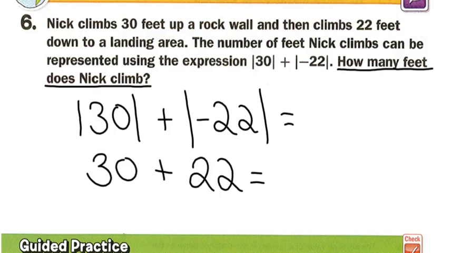So if we want to know how many feet he climbed in total, he climbed 30 feet, then he climbed 22 feet, and that gave us a total of 52 feet. So we can use absolute value to help us determine the total number of feet. If we were asking about how high he was, that would be a different question entirely, and not something we'd want to use absolute value for.